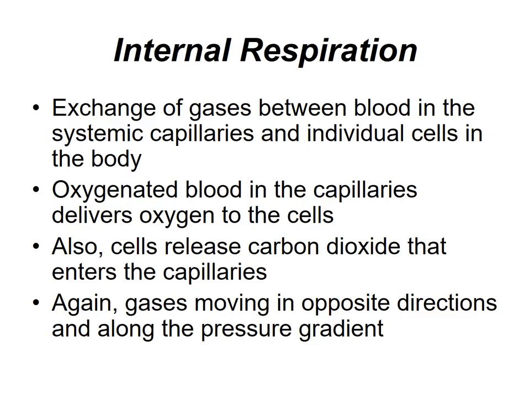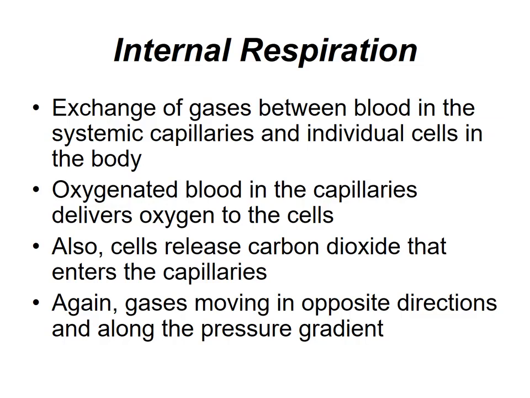Because this blood has already gone through the pulmonary circulation, you're now talking about systemic circulation. So initially this blood is going to be high in oxygen concentration. The pressure is going to be higher now in the blood than the partial pressure in the tissues, so the oxygen is naturally going to flow out of the blood.